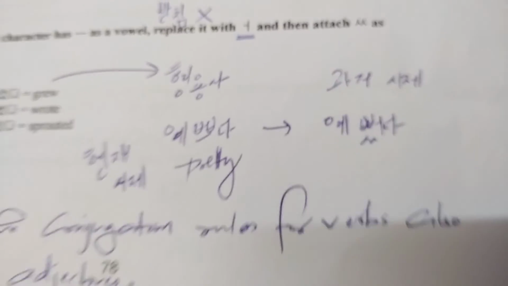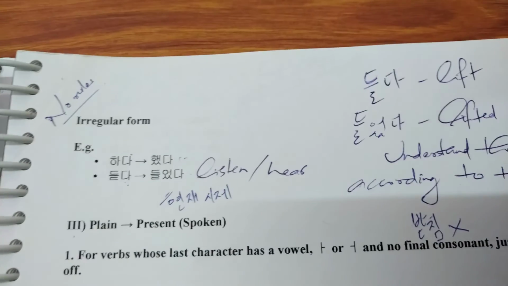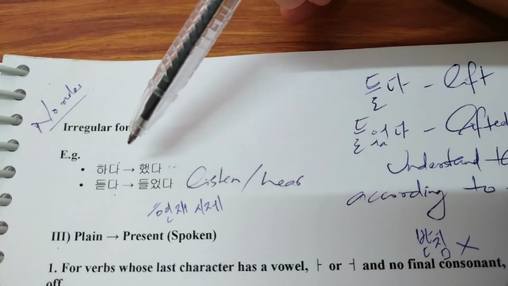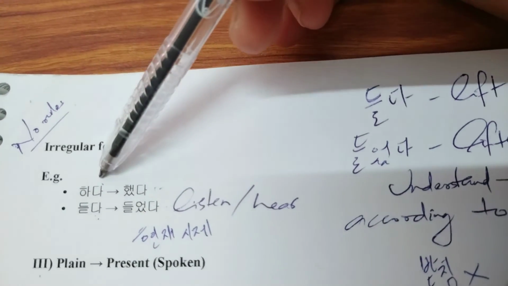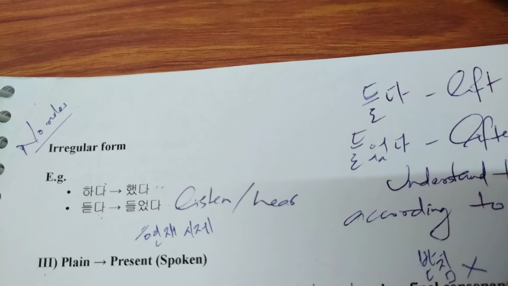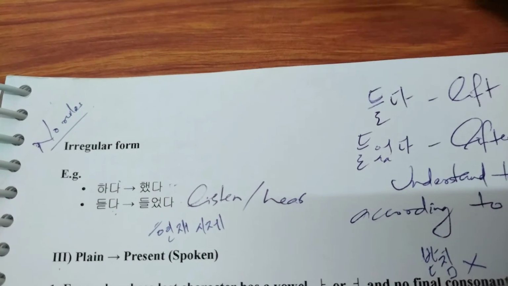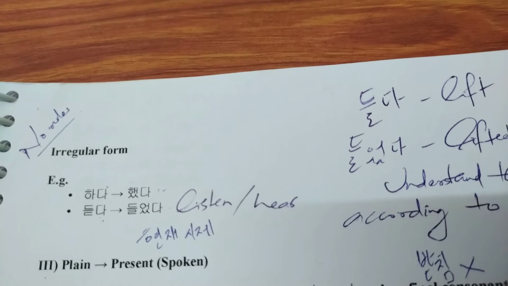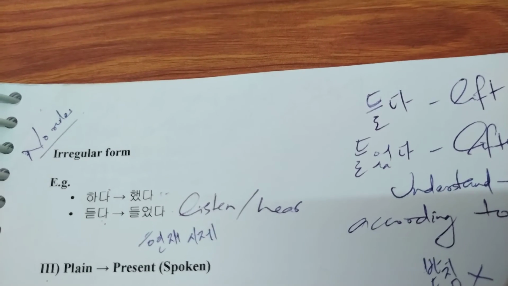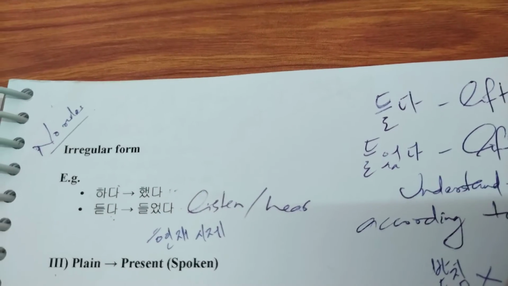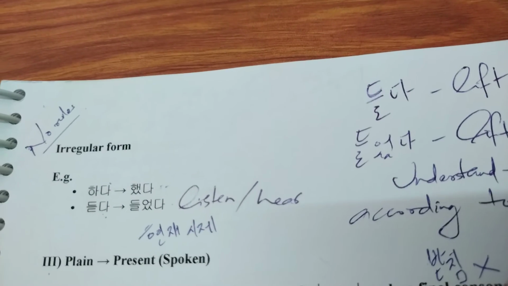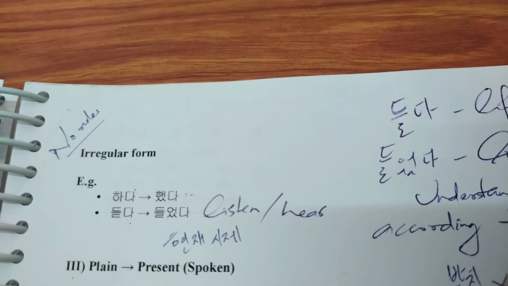So next, this is pretty much what we saw and talked about earlier. 하다 becomes 했다. So anything with hada at the end would become haetda, and the whole word would be converted into past tense by just changing the last two syllables, that is hada.